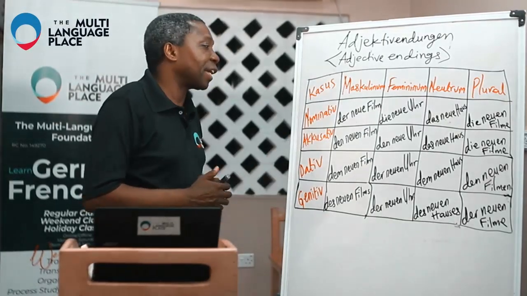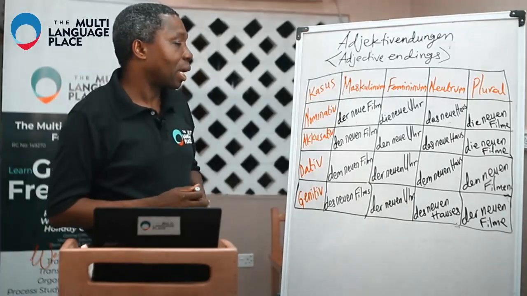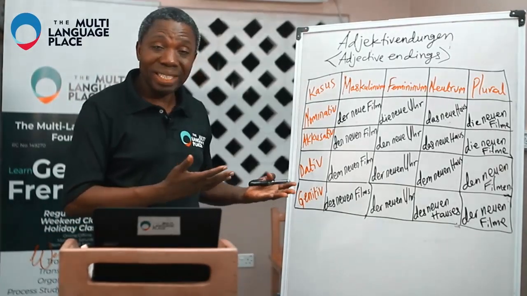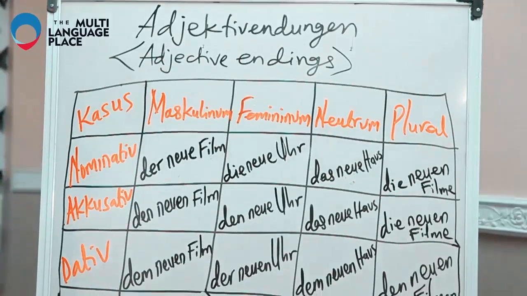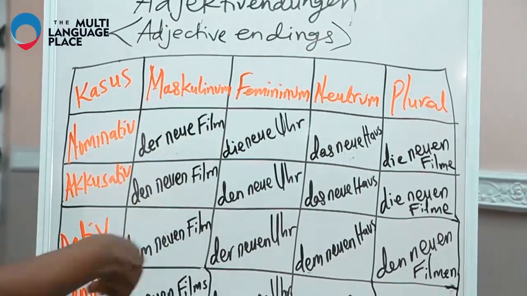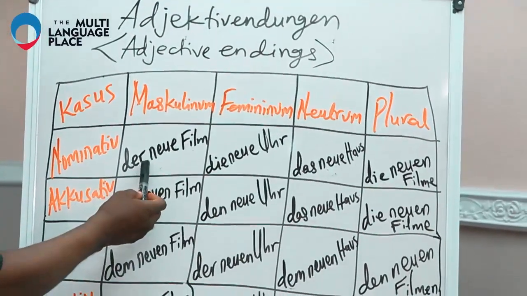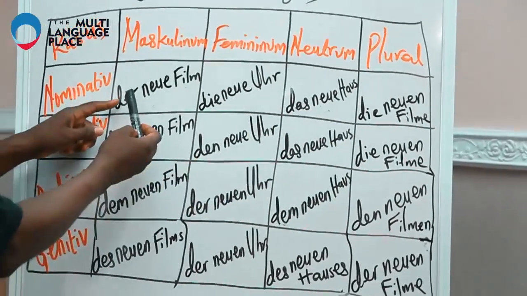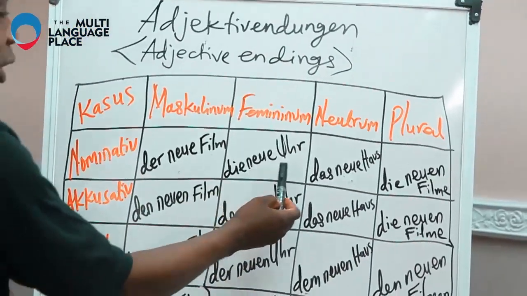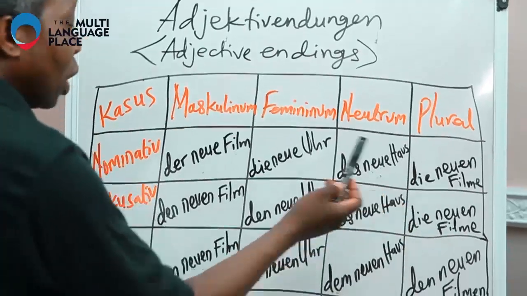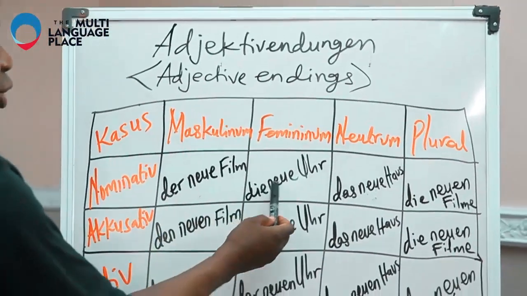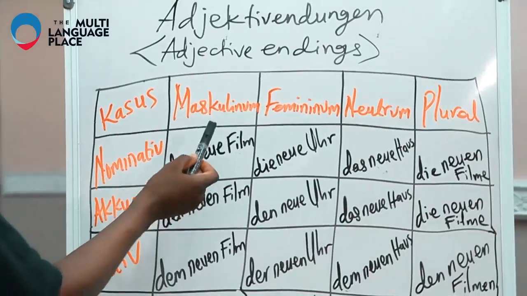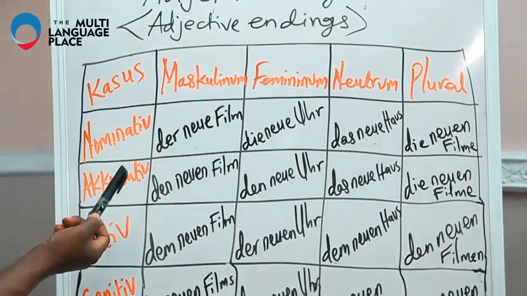Now, what we have here, we have the definite article. We're working with the definite article, and if you look at all we have on the table, you see der, die, das, die: masculine, feminine, neuter, and then plural. Now, if you look at the first one, der neue Film.